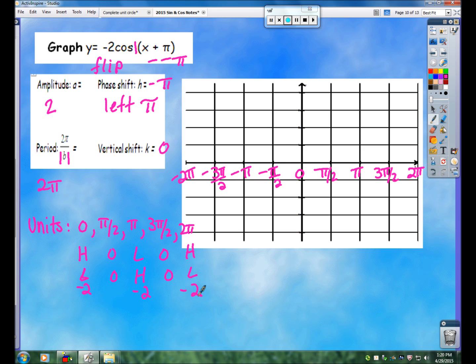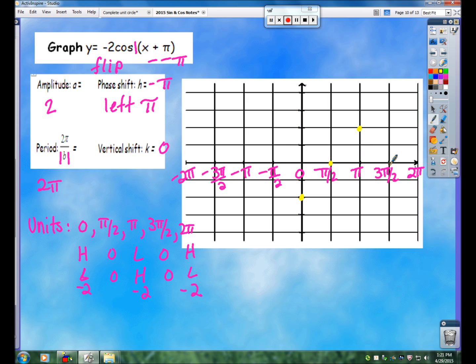All right, here again, I'm going to sketch in my original graph, and then I'll come back and shift it. Let's use a light color so we can see. At 0, instead of going high 2, we're going to go low 2. At pi over 2, we're back at 0. At pi, we're going to go high 2.